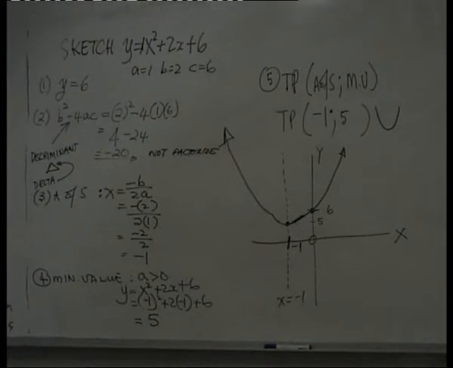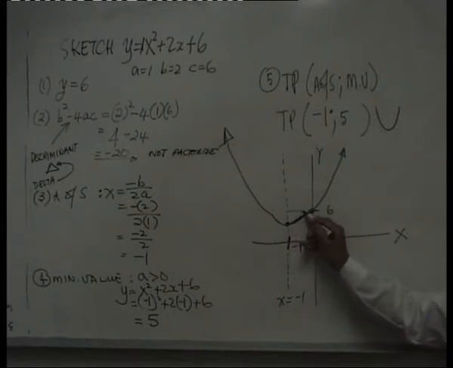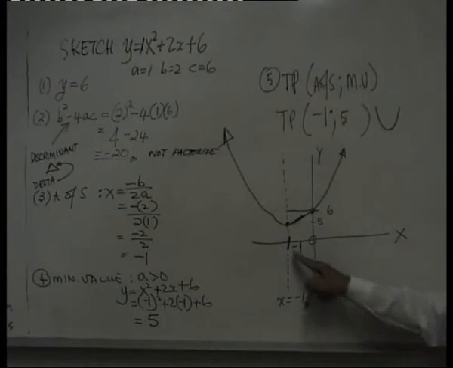Now this graph gives us an opportunity to learn something new. The graph is drawn, so let's learn one more new thing. You see this point here. From here to here it is 1 unit.